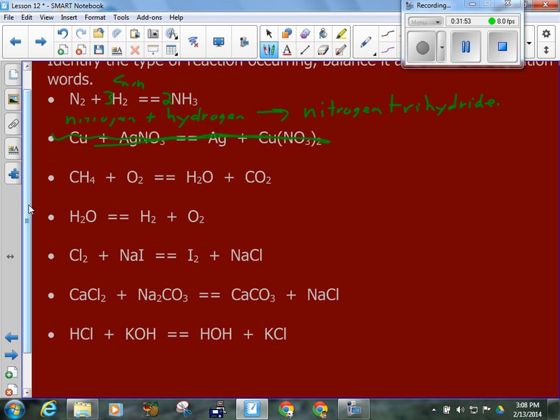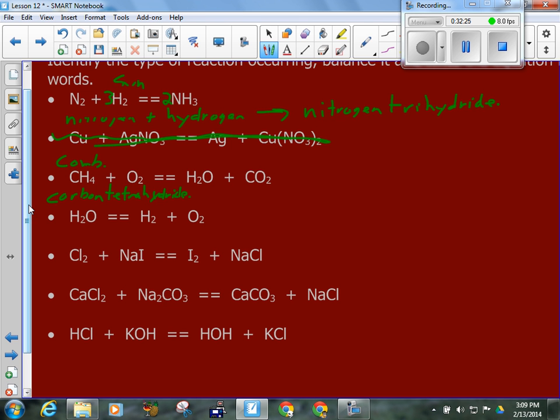All right. Let's look at the third one there. What kind of reaction has carbon and hydrogen reacting with oxygen, Dominic? Combustion. All right, so this is a combustion reaction. Now, I need to write everything out. So I've got carbon tetrahydride, because there's 4 hydrogens.